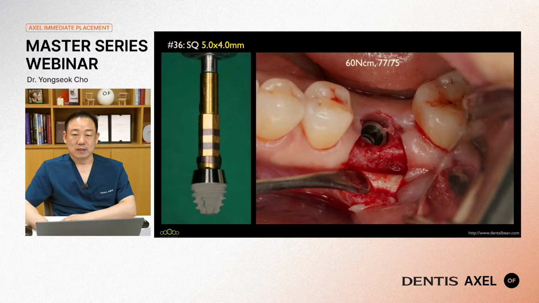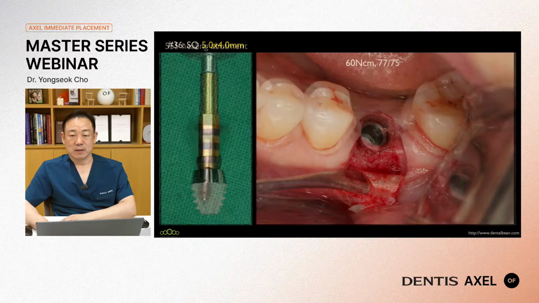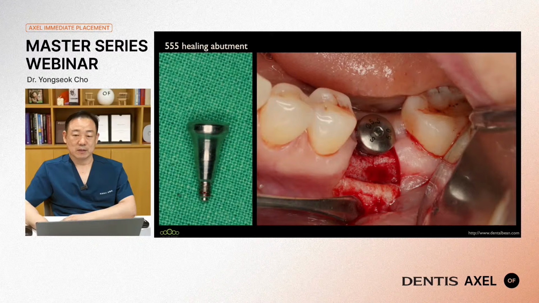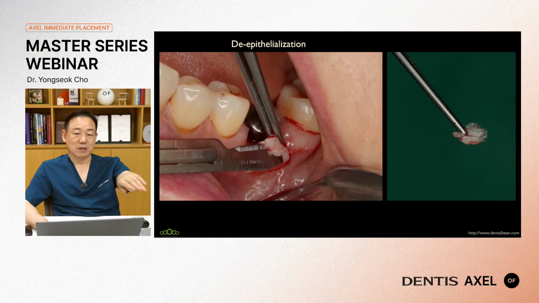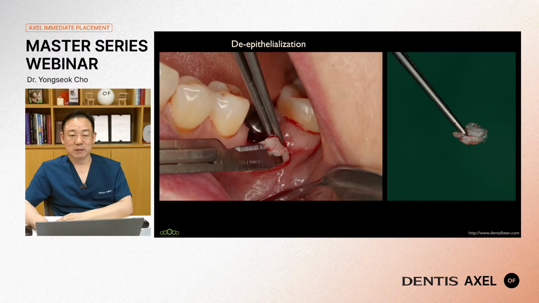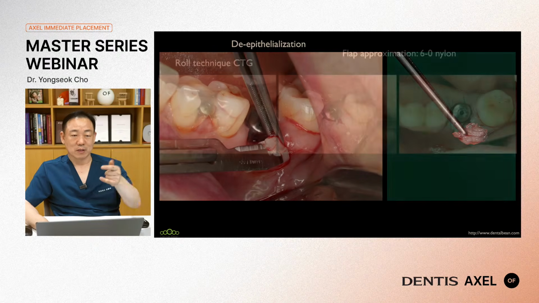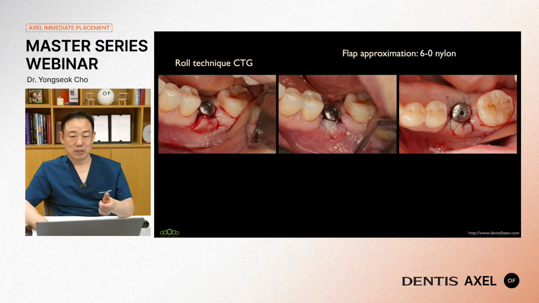Okay, I can get strong primary stability and connected the healing abutment. And I tried a very simple roll technique CTG. The epithelialized extra tissue which occupied the space of the healing abutment, and rolled the buccal flap and increased the volume of buccal tissue.